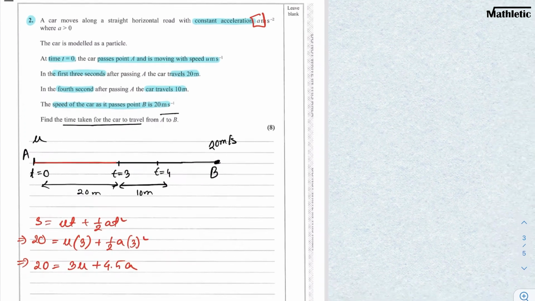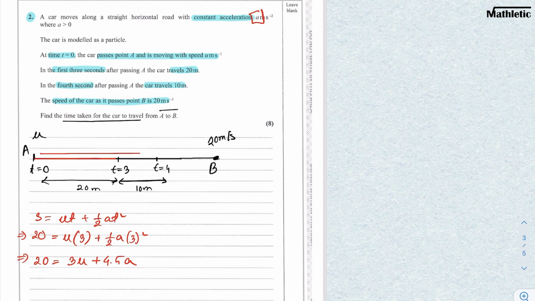So we will repeat the same process for the first 4 seconds of the journey. So s equals ut plus half at squared. The total distance is 20 plus 10, 30. Time is 4.